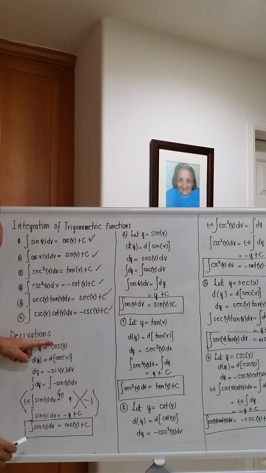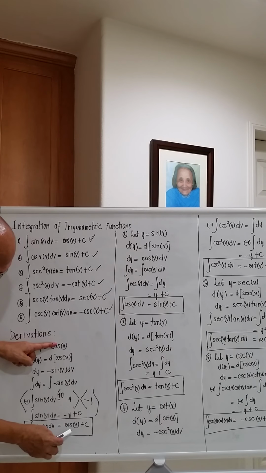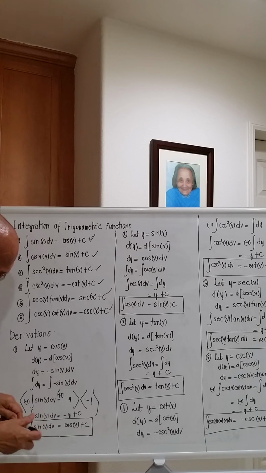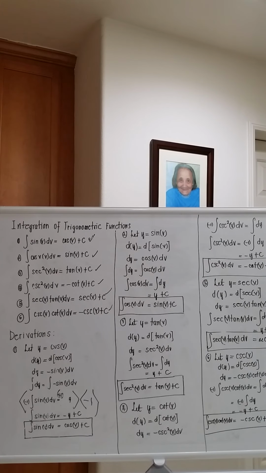So formula number 1, the integral of sine of b dv equal to negative cosine of b plus c. Is it correct? Yeah, it's correct. That's it.